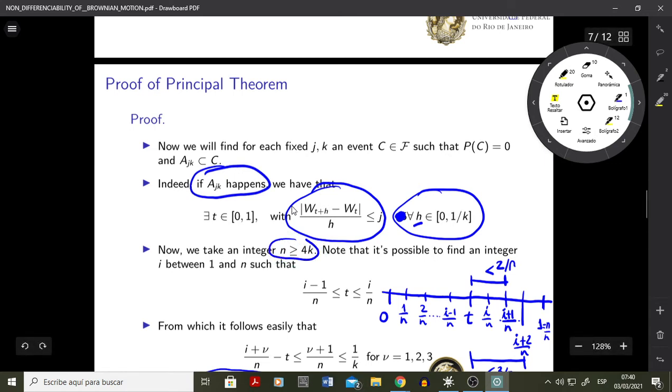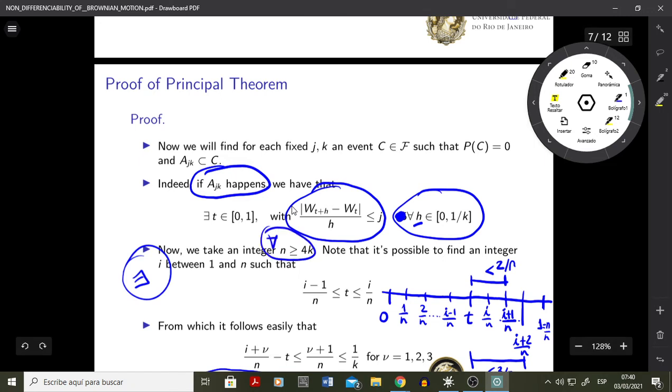So this is arbitrary, the n is arbitrary. This is for all n. There exists an I, between 1 and n.